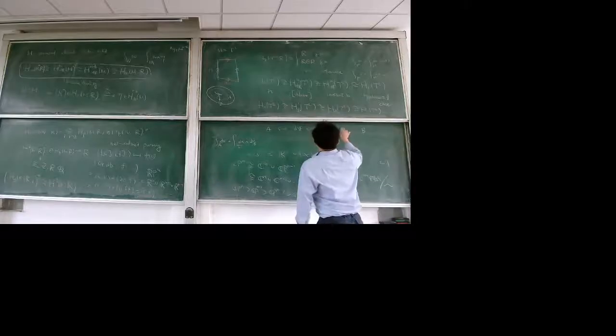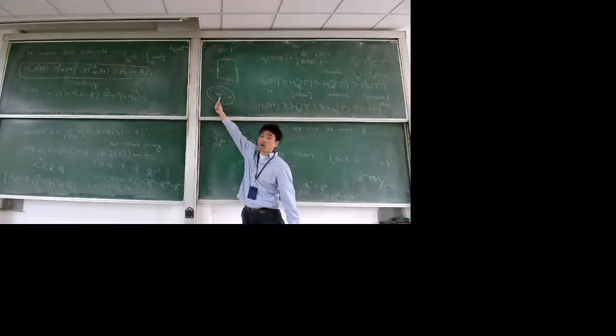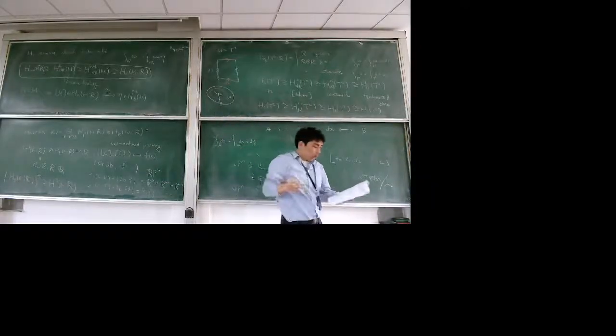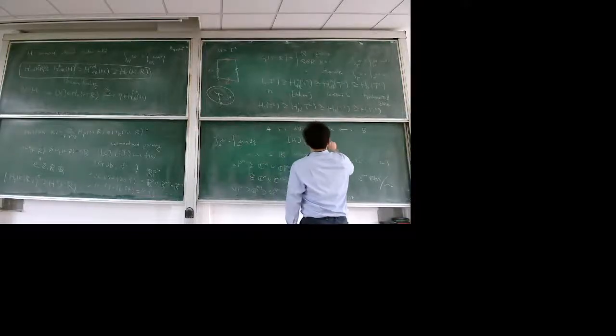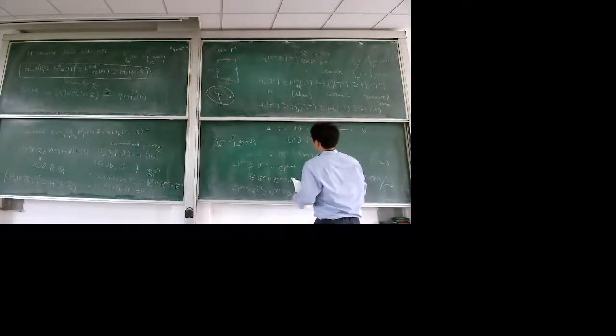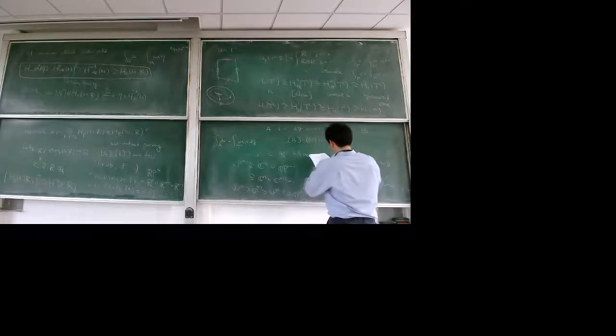Good. That's how they're connected. If you look at A and B, they intersect at a point. So one can define, given the A cycle and B cycle, an intersection form, the intersection number.